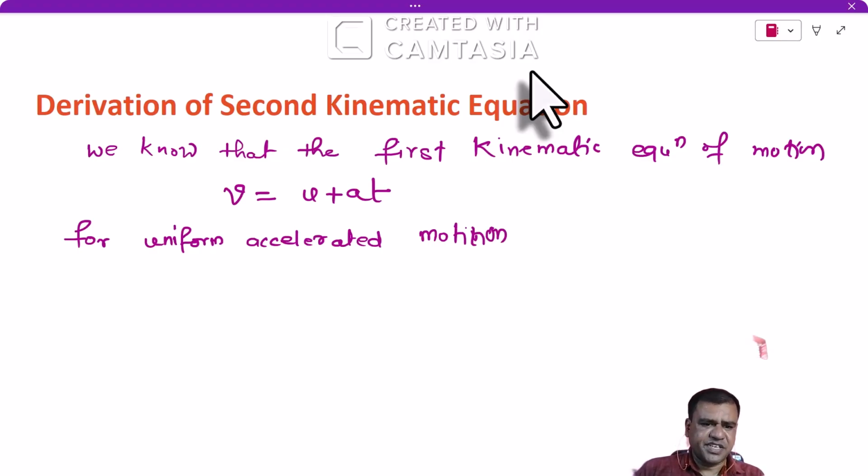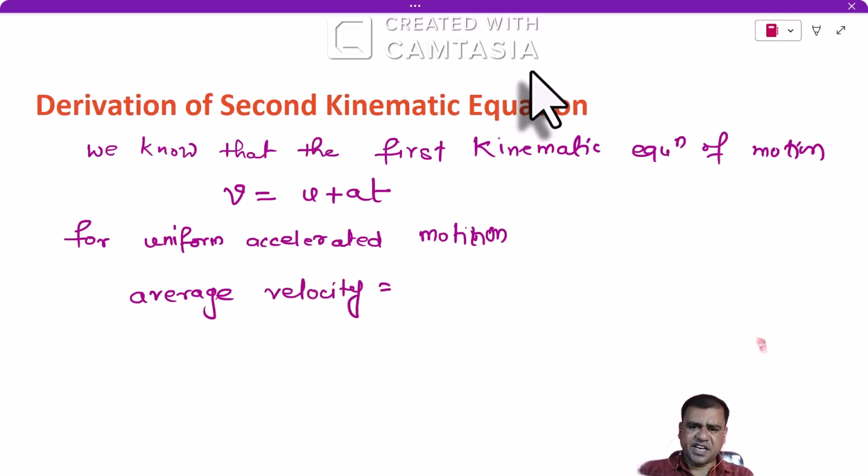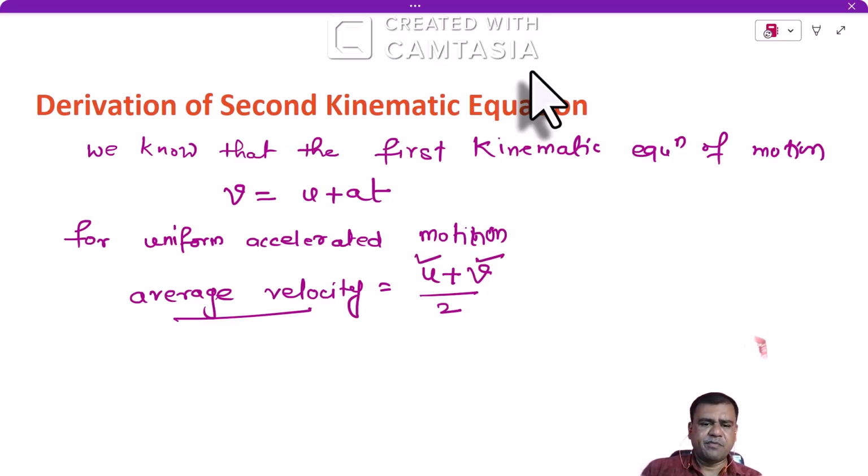The average velocity is equals to initial velocity u plus the final velocity v, divided by 2. We can calculate the average velocity by taking an average of initial velocity u and final velocity v.